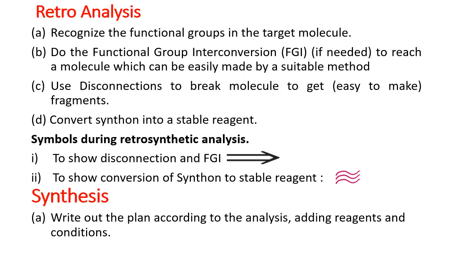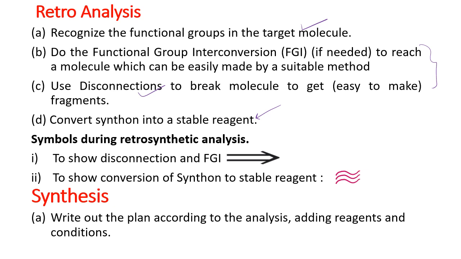So basically what we do in retrosynthetic analysis is recognize the functional group in the target molecule. Then if needed, we do the functional group interconversion, or we use disconnections. Both the strategies can be used as per the requirements, and then we get the synthetic equivalent or stable reagent from the synthons, and once we get them, we can complete the synthesis.